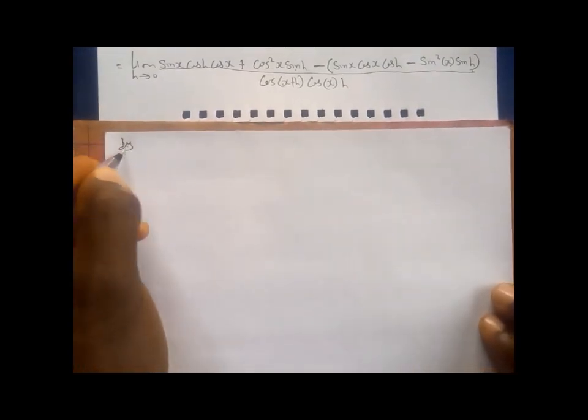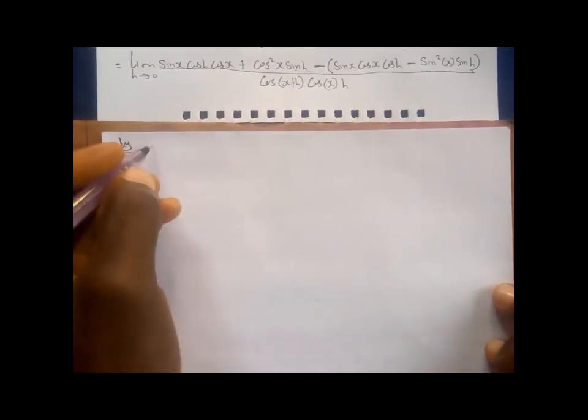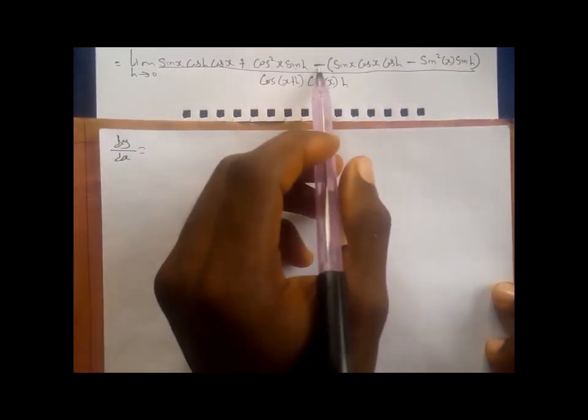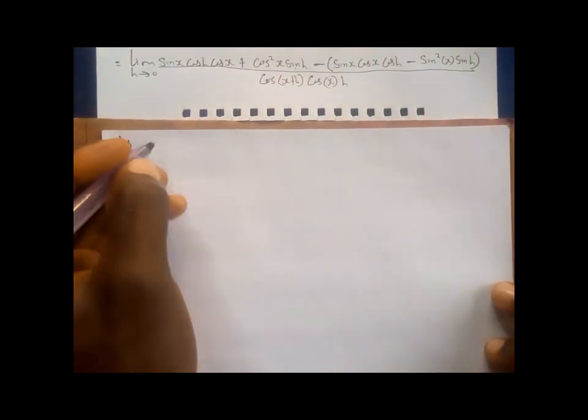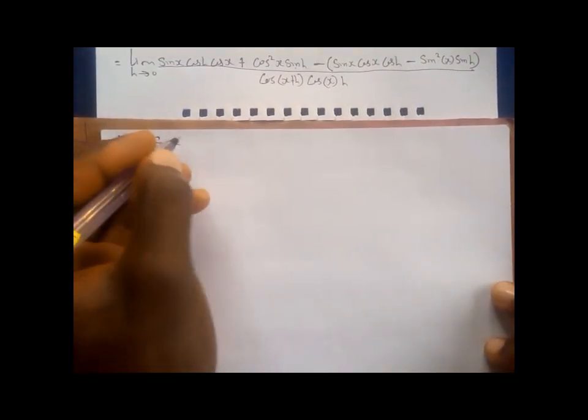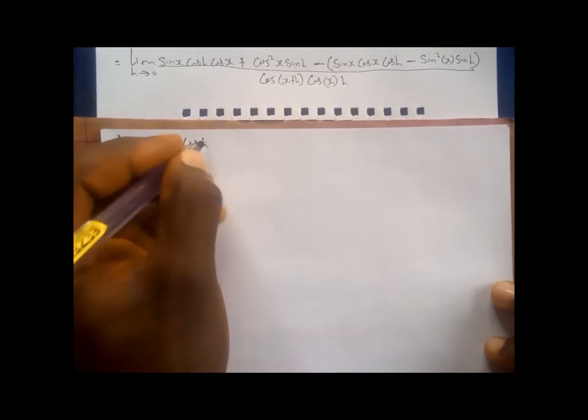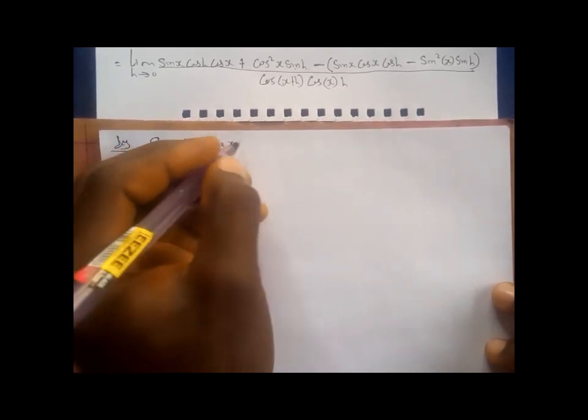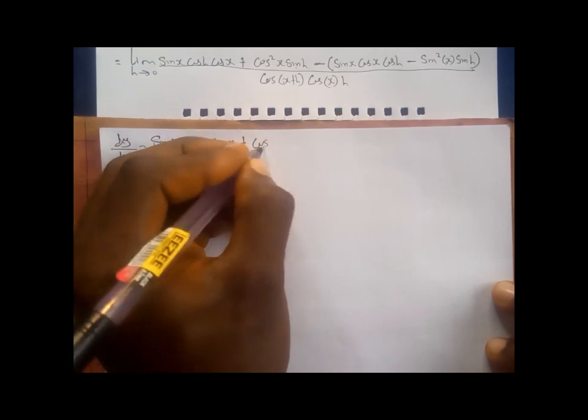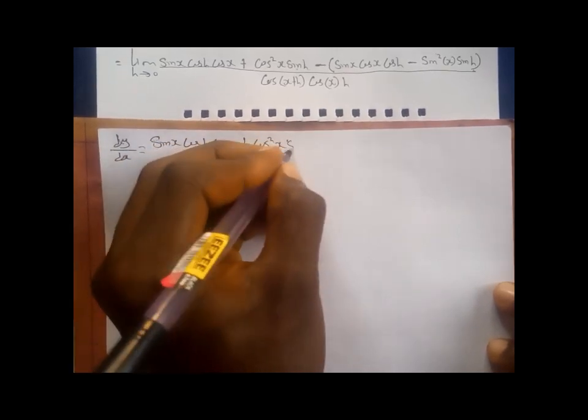So let's continue right now. Let me shift that a little bit forward so you can clearly see the logic. Perfect. Now dy/dx will continue to be equal to, let me distribute this minus sign. Okay, perfect. Now we have sin x cos h cos x plus cos squared x sin h.